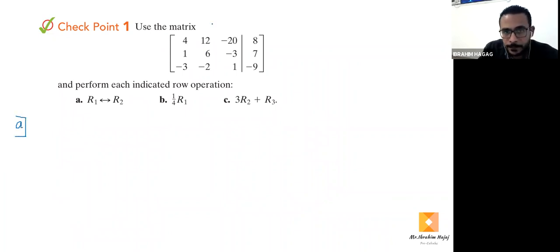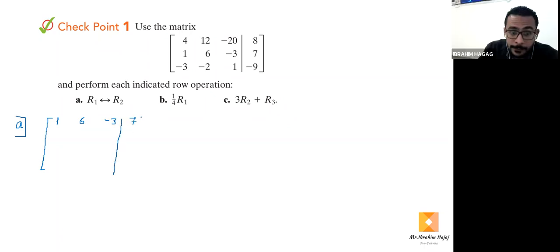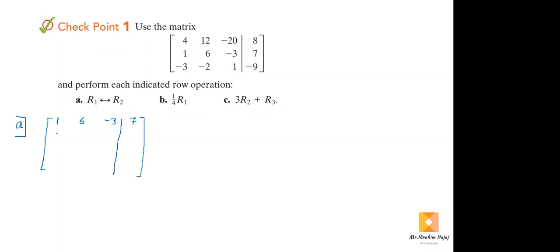I will write 1, swapping between row 2 and row 1, so it becomes 1, 6, negative 3, 7. Then below, 4, 12, negative 20, and 8.